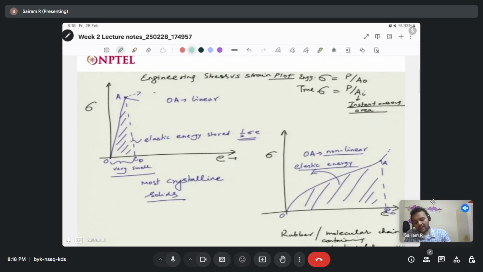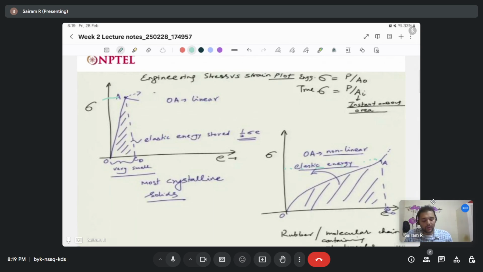I'll not use the term very small area under the curve because the value of these stresses can be pretty huge even in the case of metals and ceramics, but this value might be very small in the case of polymers. But let's say the linear region, the length OA, or the angle at which OA stands, might be very sharp, very high for metals and ceramics.